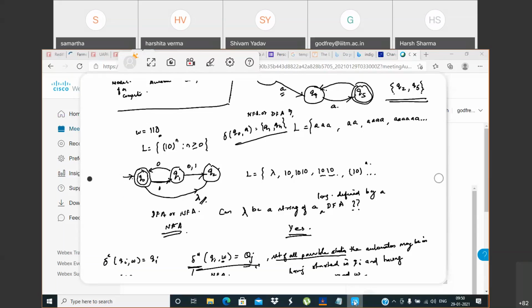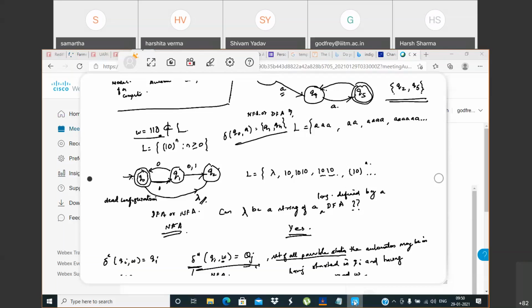Such a situation you call a dead configuration, right? So by virtue of the dead configuration, we say that this string does not belong to the language.